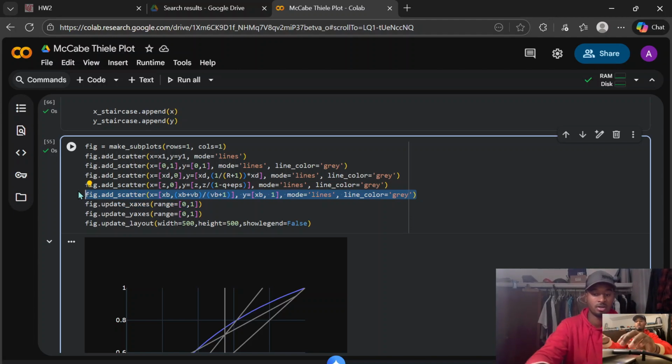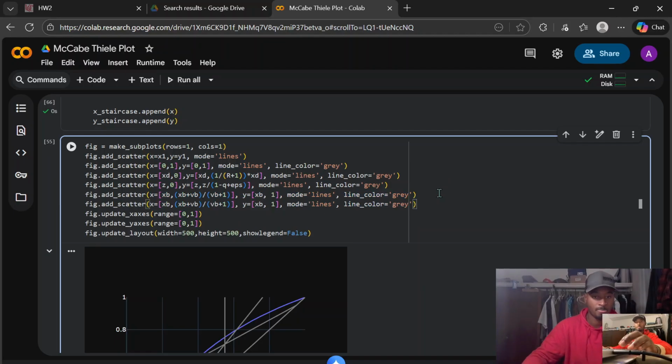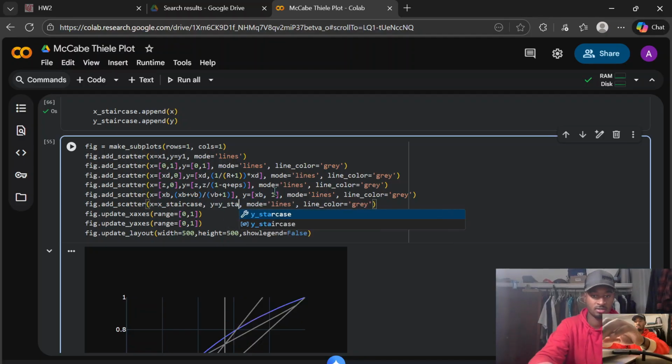So here we'll Control C, and then Control V. We'll say that our x, not x intercept, this is our x staircase, and then y will be our y staircase.